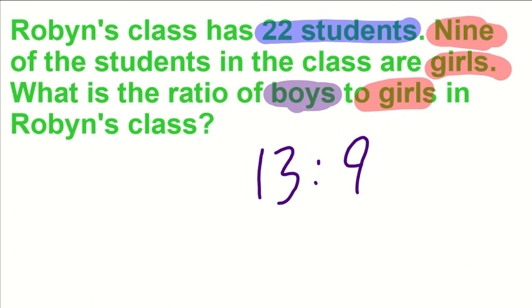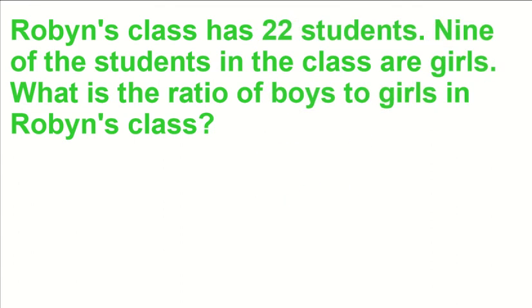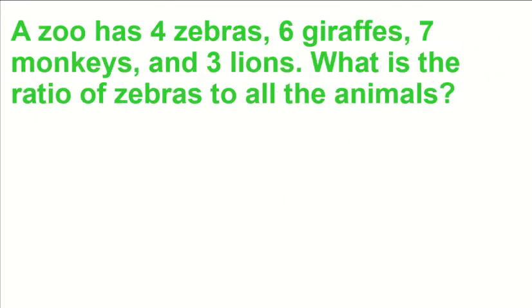All right, any questions? All right, so let's look at another then. Go ahead and give this one a try. The zoo has 4 zebras, 6 giraffes, 7 monkeys, and 3 lions.